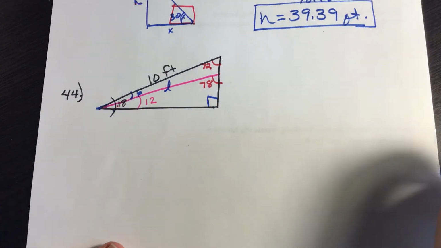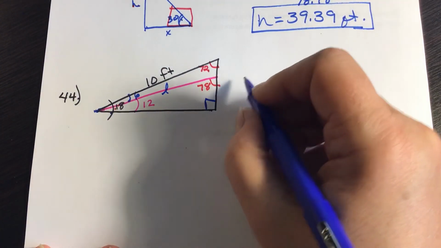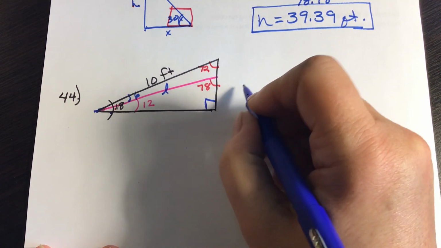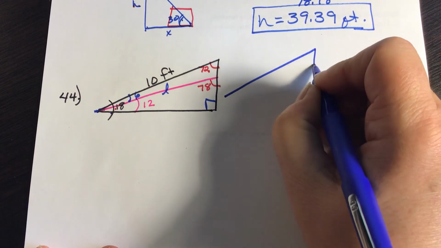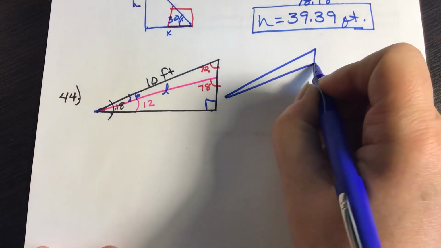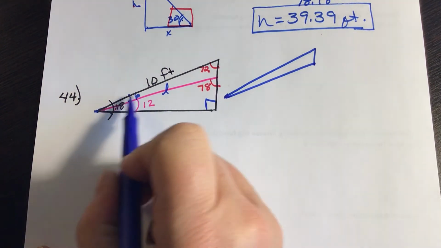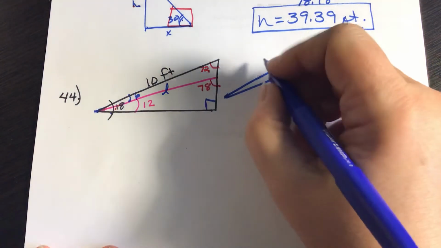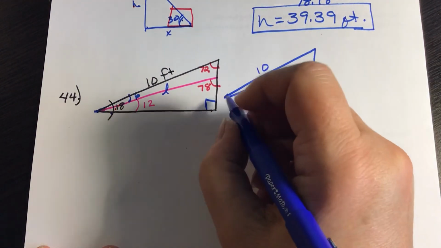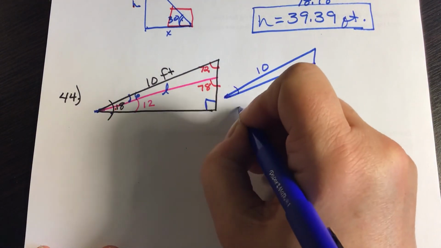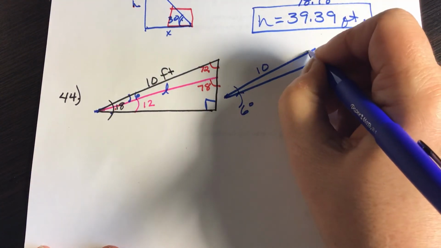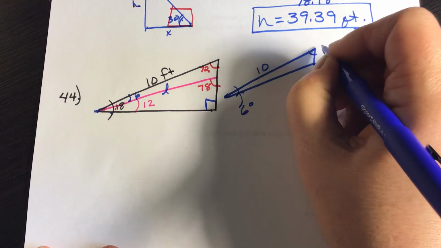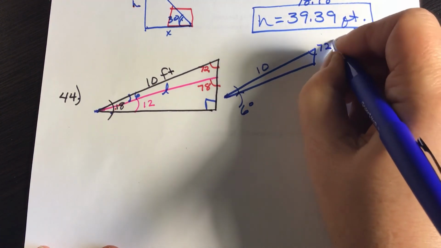So let's draw a picture of that. Okay, so that's just this piece right in here. So this is 10, this is 6, this angle right here is 72.